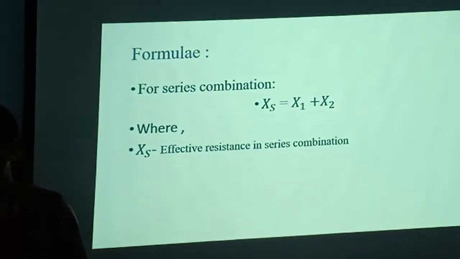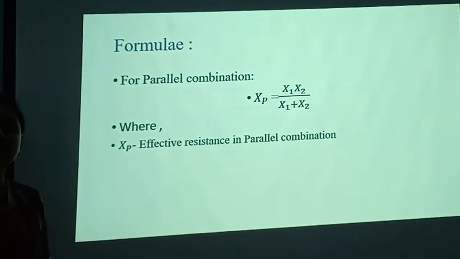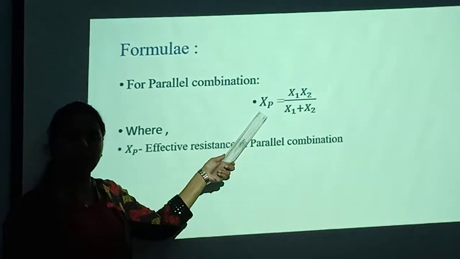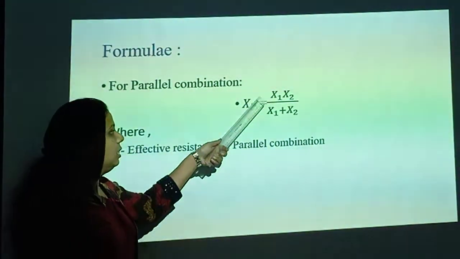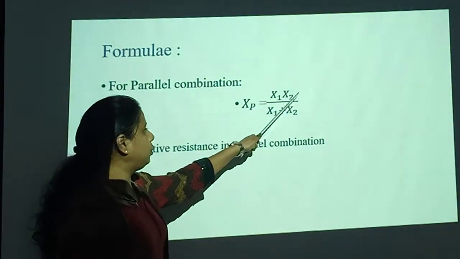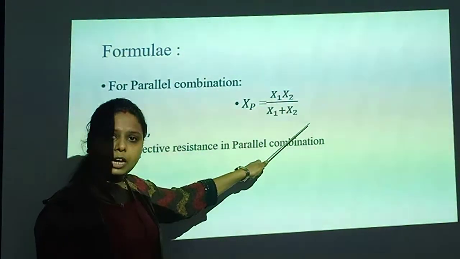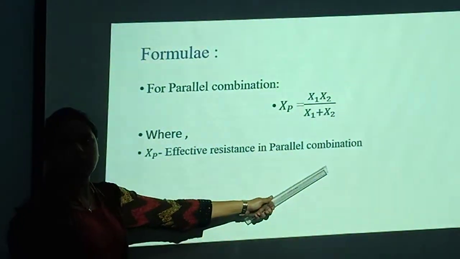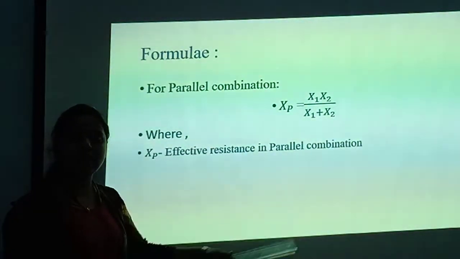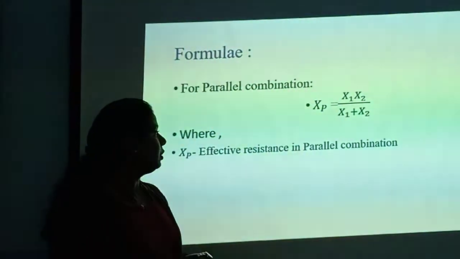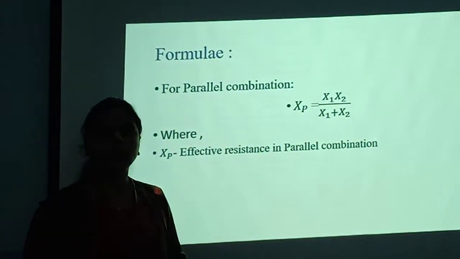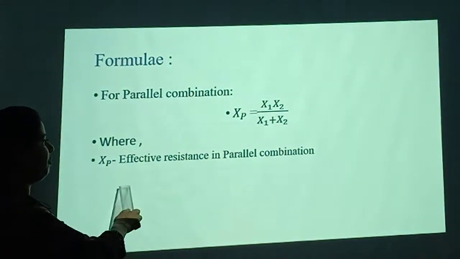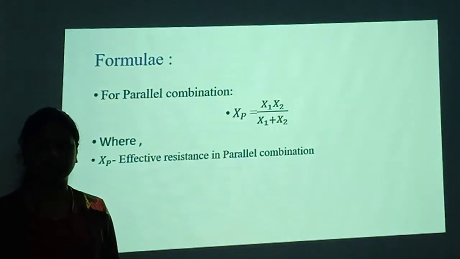Next, for parallel combination, suppose we have connected two resistances in parallel. The ratio of the product of the two resistances to their sum is the equivalent resistance in parallel combination. So we have used three formulae: to calculate the unknown resistance, the equivalent resistance in series combination, and the effective resistance in parallel combination.